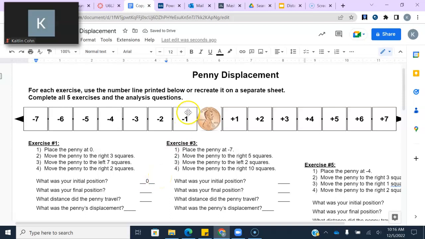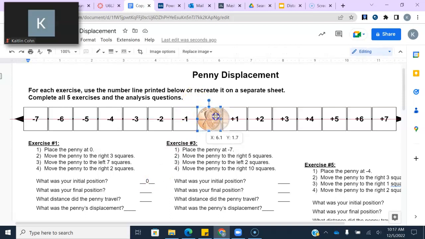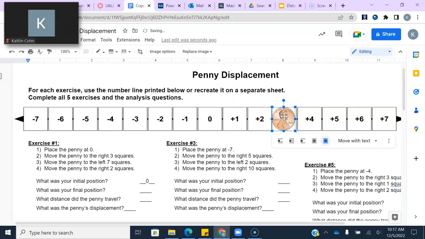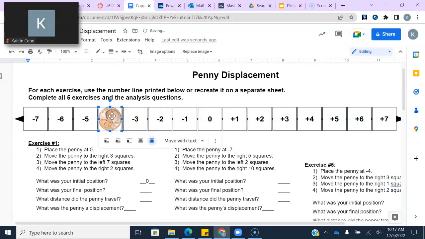Okay. Now we're going to move the penny to the right 3 squares. So 1, 2, 3. Move the penny to the left 7 squares. 1, 2, 3, 4, 5, 6, 7.